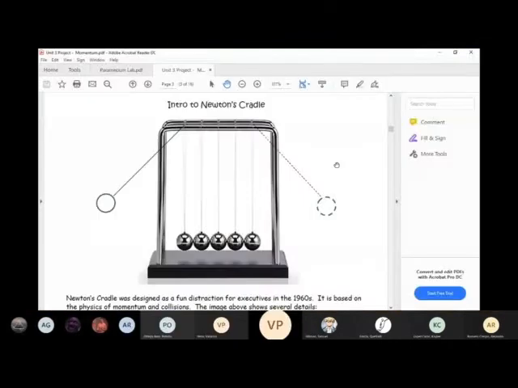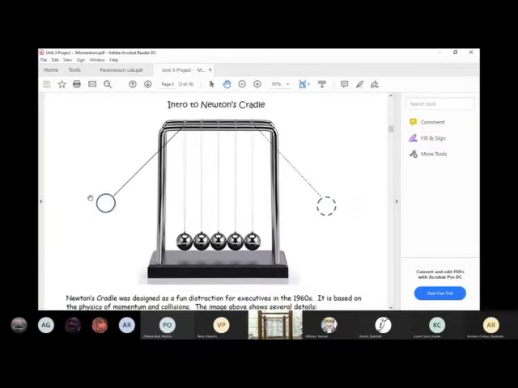Let's start by looking at this diagram of Newton's cradle on page 3 of your project. Here we've got the cradle, and I want to remind you that we decided to do a couple things.